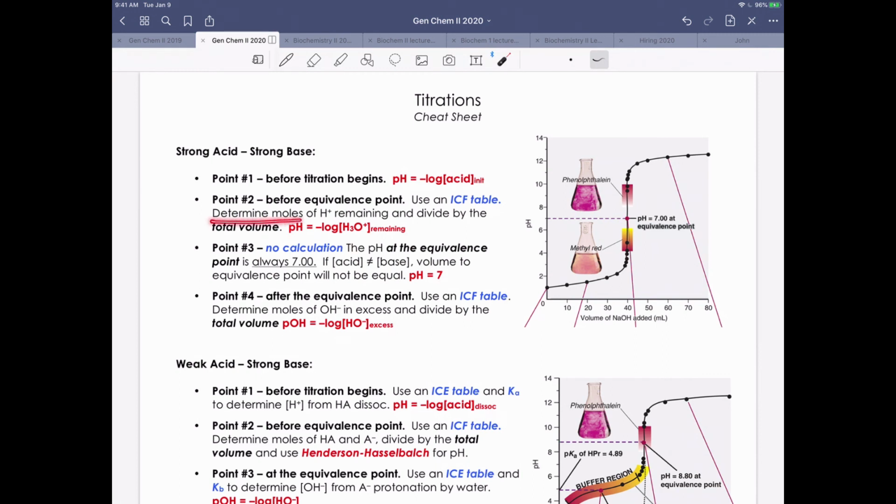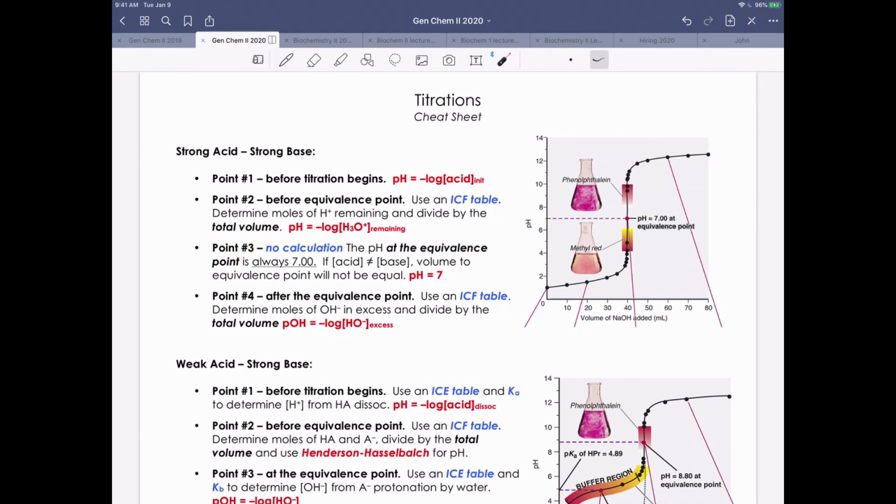So we'll determine the moles of H plus that are left over. And then we need to make sure to divide by the total volume, because the volume has been changing as we've been dripping in our titrant. To figure out the H3O plus concentration, we need to know the moles that have remained and then divide by the new volume that we have.